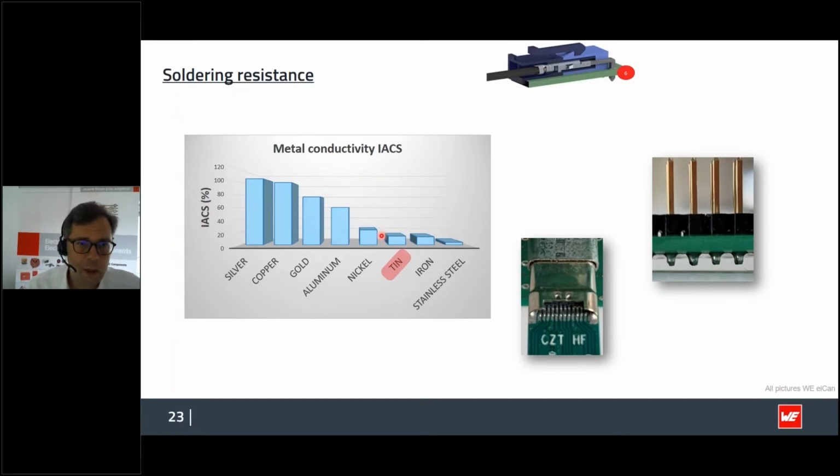The explanation why tin is used for electromechanical components during the soldering profile is that, in comparison to the materials shown over here, it has the lowest melting point. So even if tin has a very bad conductivity, it is used in general for solder connections.